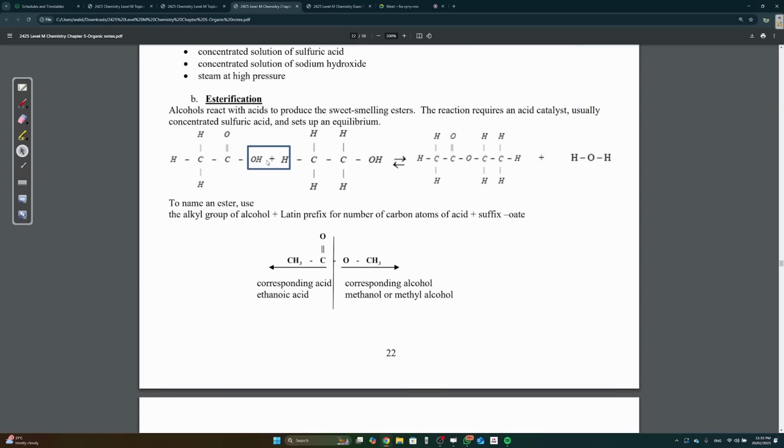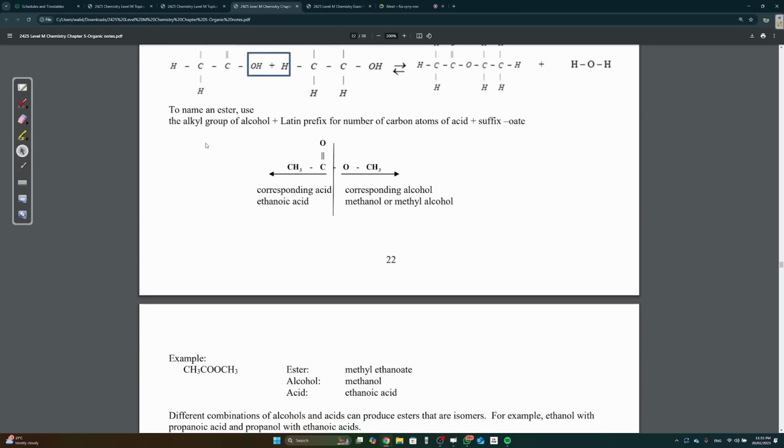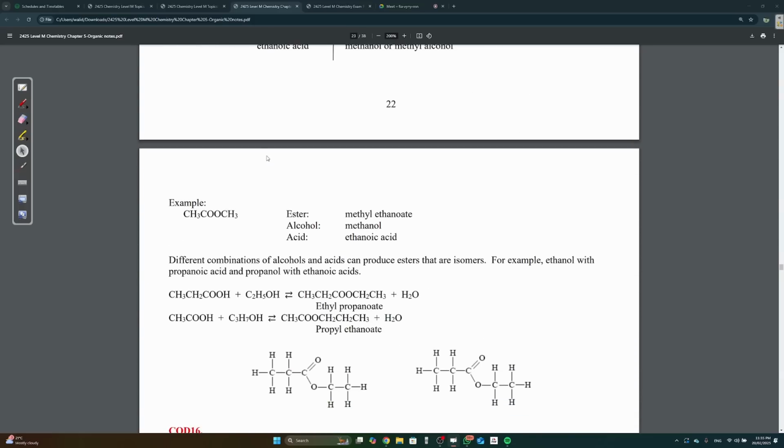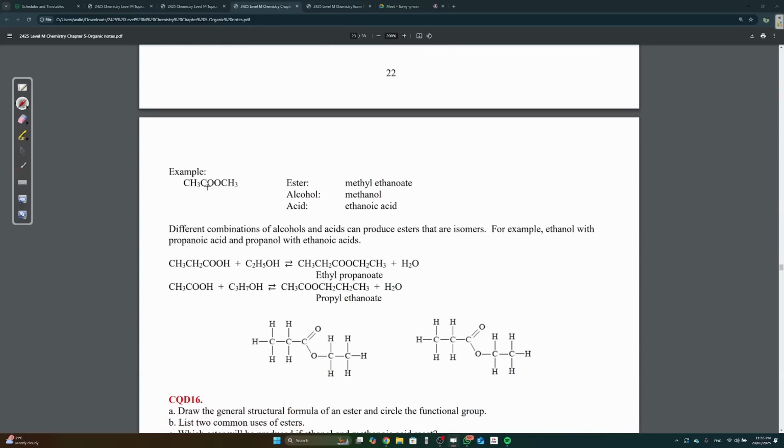To name an ester, you use the alkyl group of the alcohol plus the number of carbon atoms for the acid. Let me give you an example, CH3COOCH3.